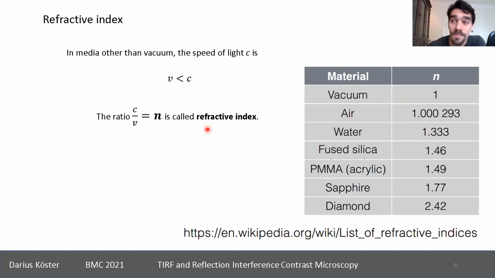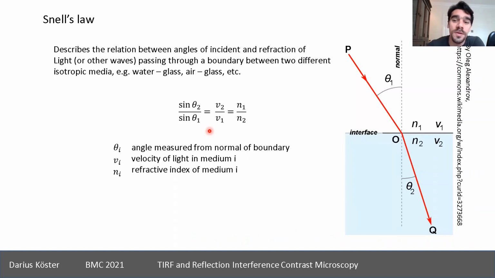And what happens now with this refracted light? You may remember from simple prism experiments that when light goes into the prism, it gets refracted, and that angle depends on the refractive index. The law that describes this is called Snell's law.